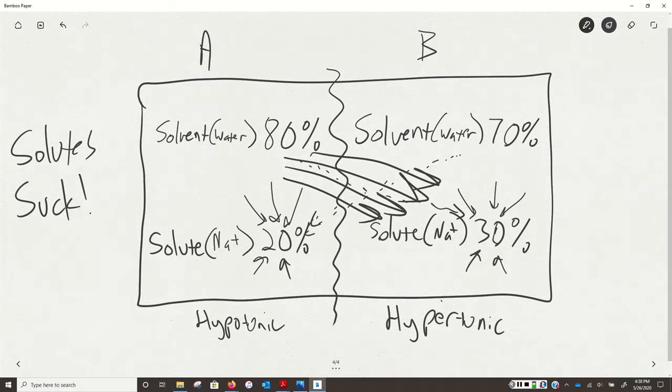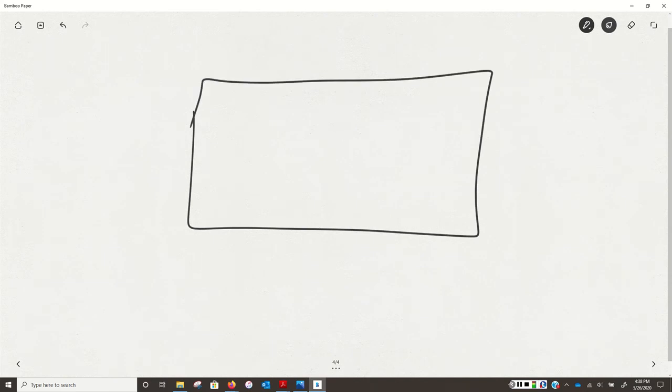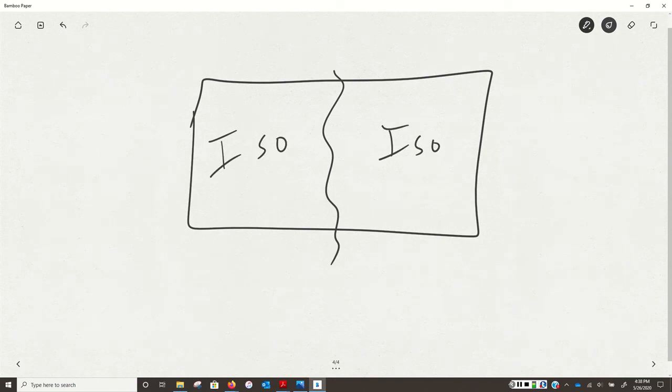Now, once they are isotonic, let me erase this. Once they are isotonic to each other, I'm just going to write iso, not even worry about the numbers. Once they are isotonic to each other, what happens? Well, if we were to just watch it, it would look like that water level doesn't change anymore. But does that mean nothing is moving?